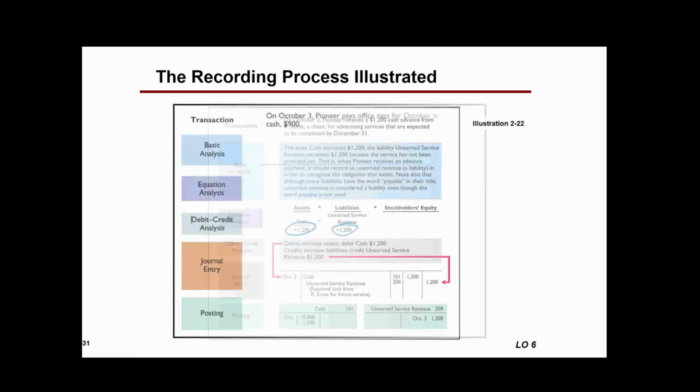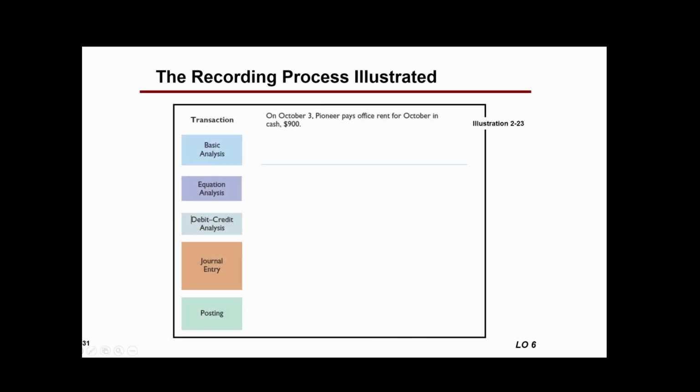Next, on October 3rd, Pioneer pays off rent for October in cash, $900. Again, accounting equation, we have to do the analysis of the transaction. So what's the transaction's analysis?